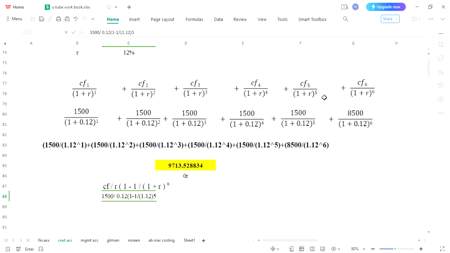Let's make it raised to power. Actually the system is a little slow and it is irritating me. Okay, make it raised to power by superscript. I'm sure you are now well aware how to make raised to power on Excel, and we have made it subscript, while we need to make it superscript, which is present over here.